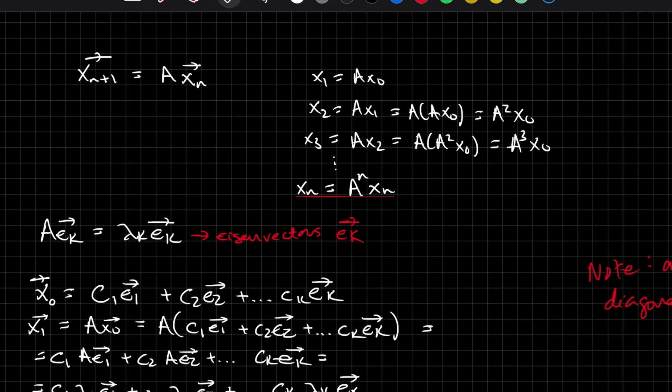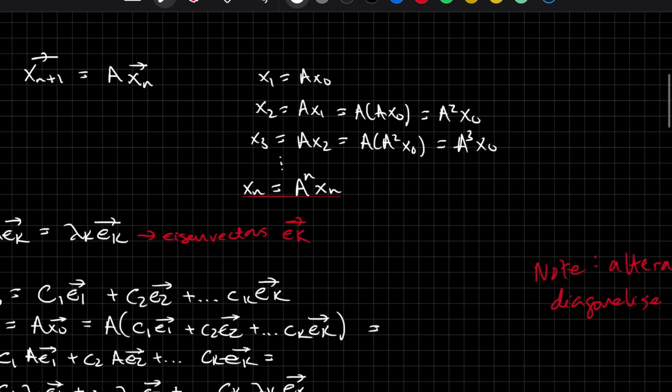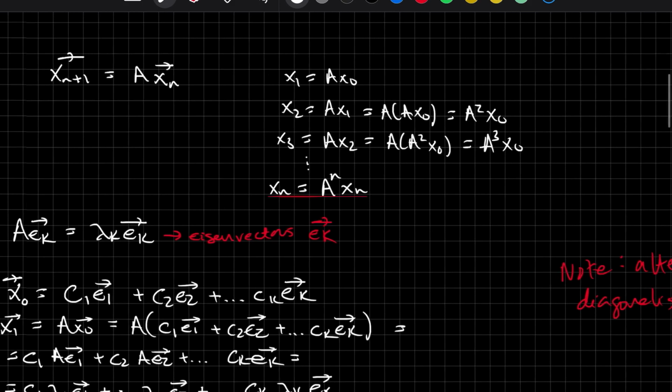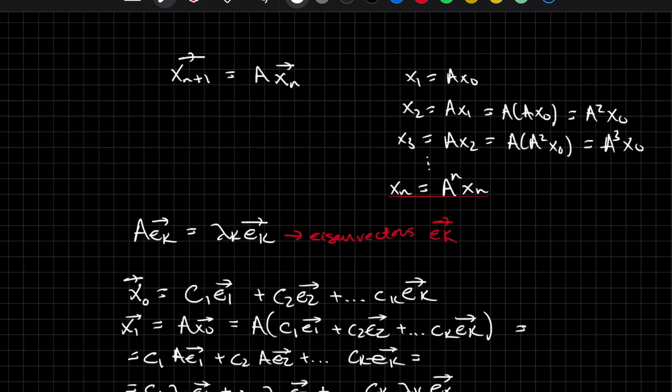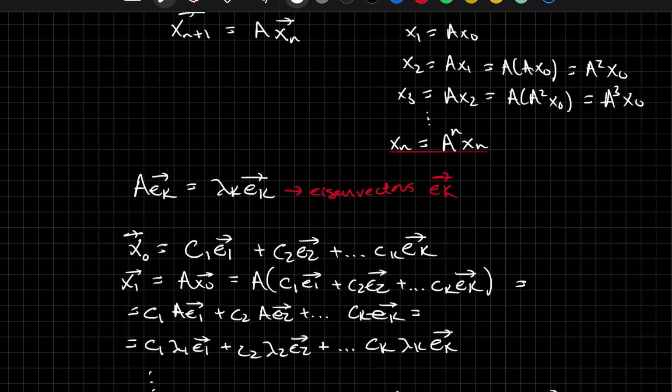So we can calculate terms in the sequence using A to the n times x0, but you might notice that exponentiating a matrix is very hard to do computationally. It's quite computationally expensive, and it may also be quite hard to determine a formula for the exponentiation. It might not be obvious. A way to get around this and determine a quick formula for calculating A to the power of n is to use eigenvalues and eigenvectors.